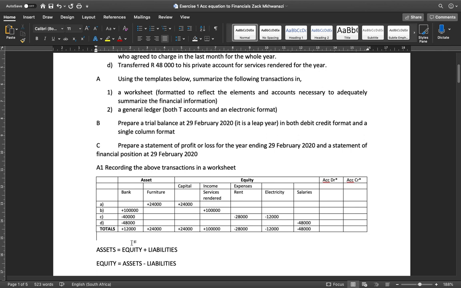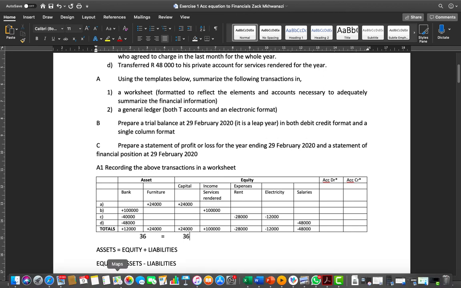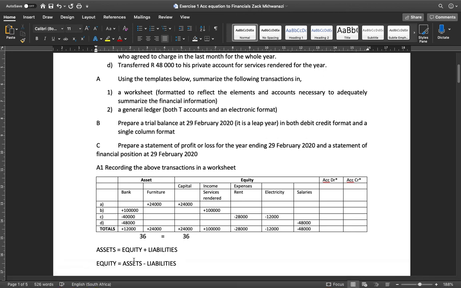So you could say that these two are 36 and my equity is 36. You can see that my assets equals my equity in this case.